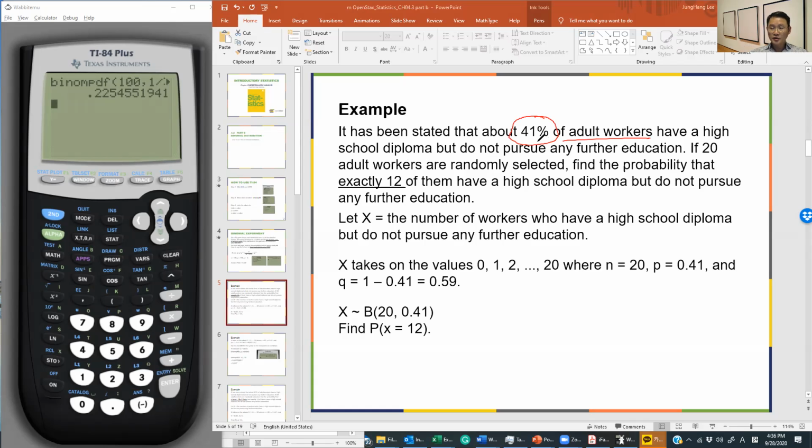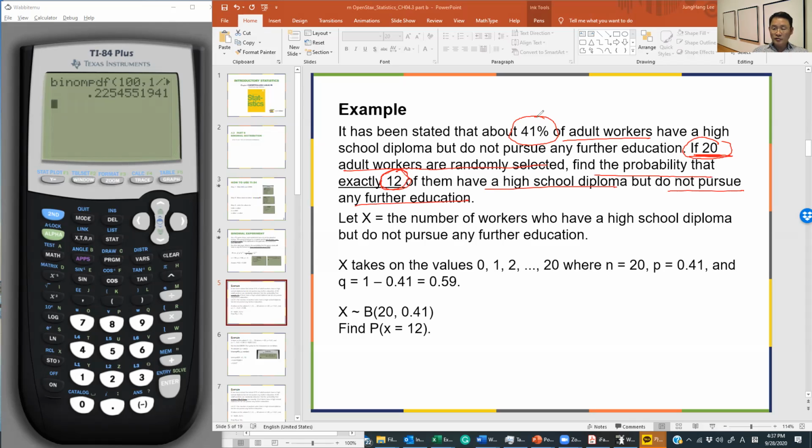So if you pick 20 adult workers, randomly selected, what's the probability that out of 20, exactly 12 of them have a high school diploma but do not want to pursue any further education? That's the question.